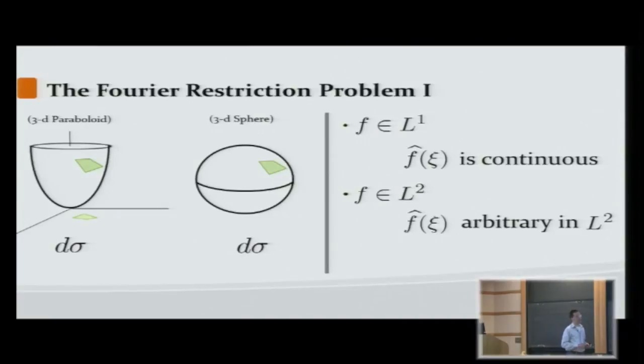And what I could do is consider an arbitrary function in L^2 that just blew up, that had a singularity on the paraboloid. And then if I take the Fourier transform and try to restrict it to this, I just can't make any sense out of it because it is always infinite on this lower dimensional surface. And so the question is, what happens when p is in between 1 and 2?